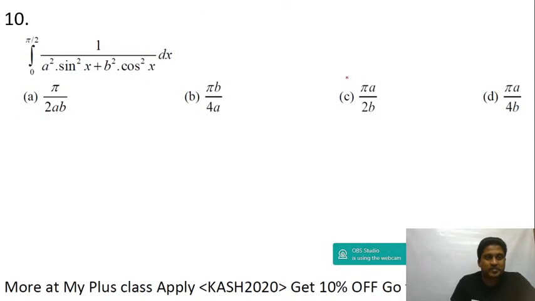Integral 0 to pi by 2, dx divided by a² cos² x plus b² sin² x. Okay, so you divide the numerator and denominator by cos² x. Let me tell you this.